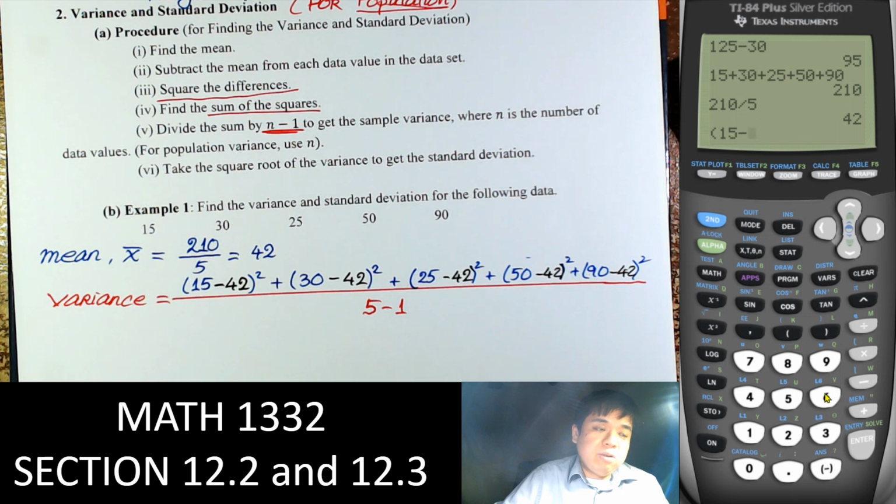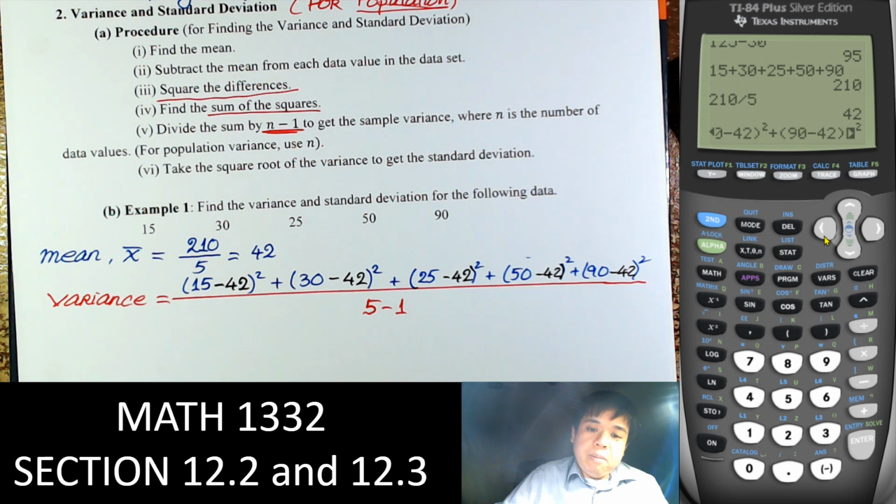In this case, 15 minus 42 squared, plus 30 minus 42 squared, plus 25 minus 42 squared, plus 50 minus 42 squared, plus 90 minus 42 squared.